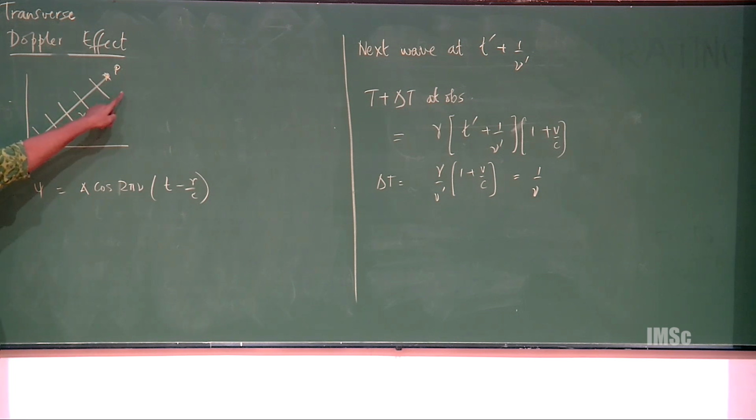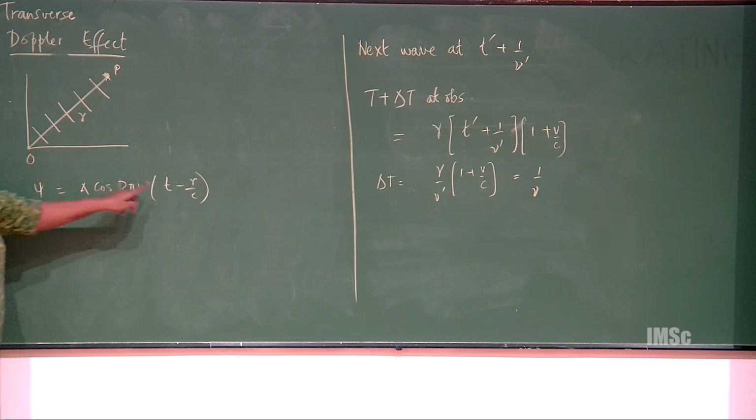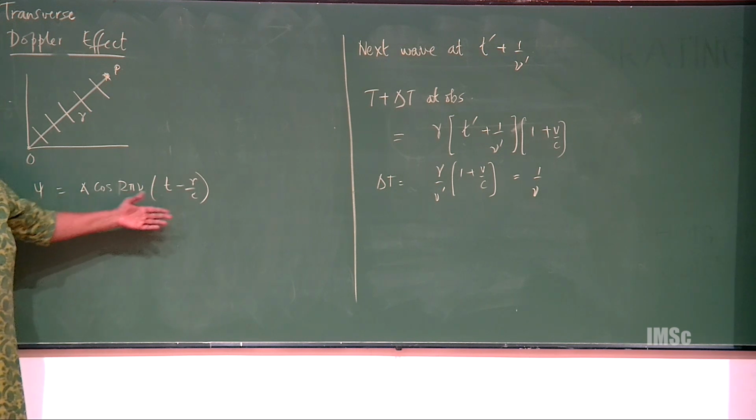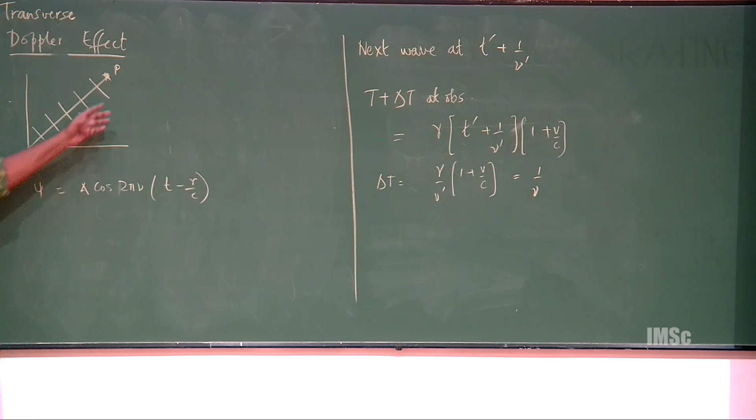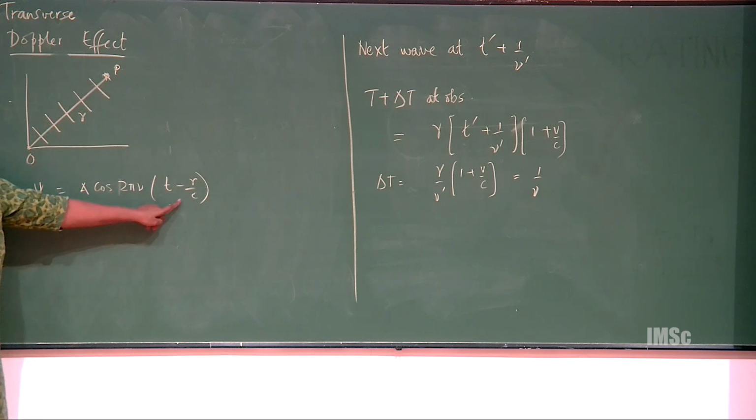You started the clock at maximum, so the time taken will be r by c. So when t is equal to r by c, you can see that the cos will be at its maximum. So we know that if you emit the wave at P at t equal to 0, then after a time r by c it will reach as a maximum, and therefore this is the right thing.